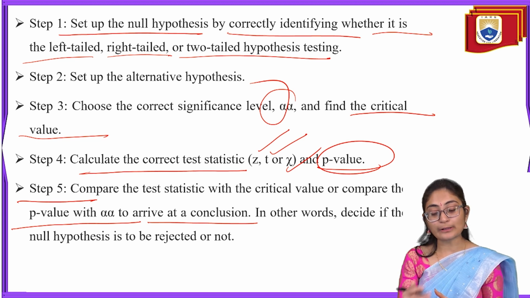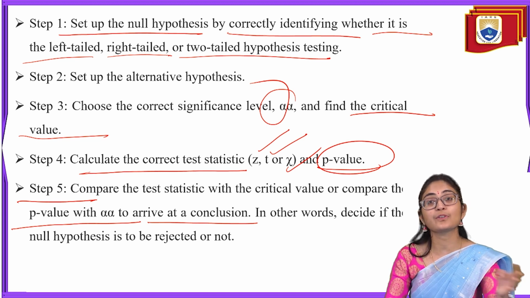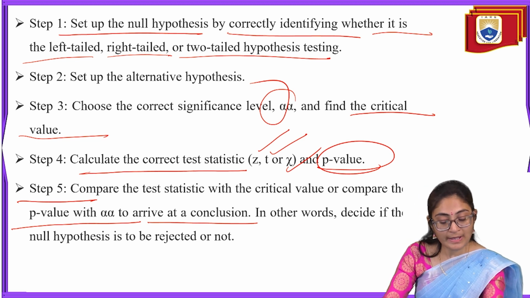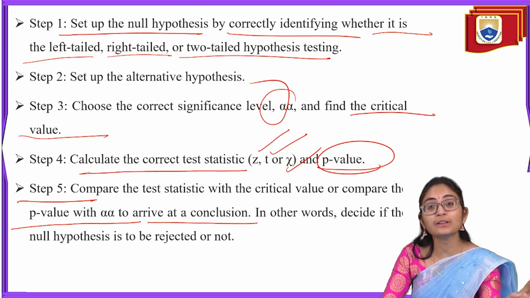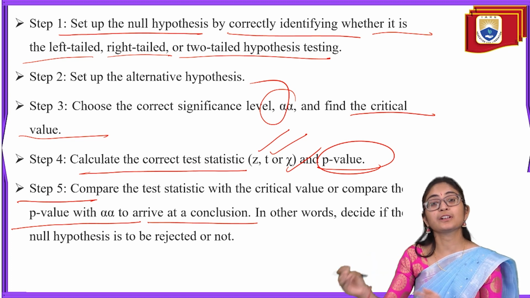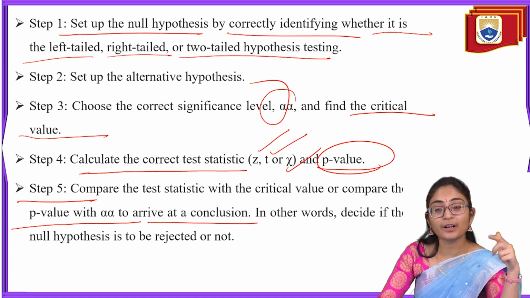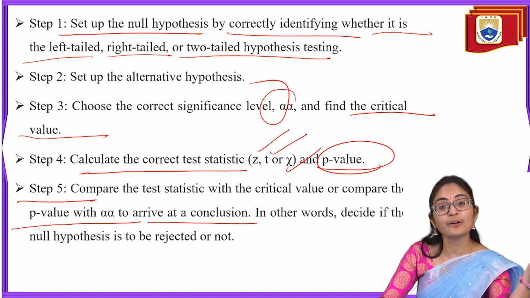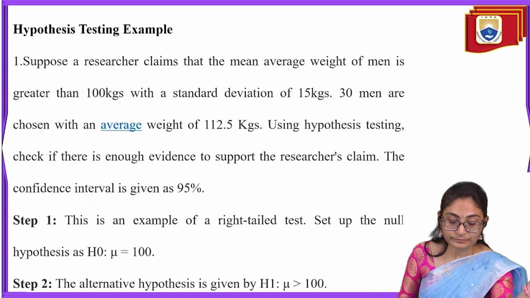After that, you calculate the correct test statistic for Z, T or X and the P value. And then you compare all the statistics with each other to get a particular conclusion, that means whether we have to reject our null hypothesis or not.